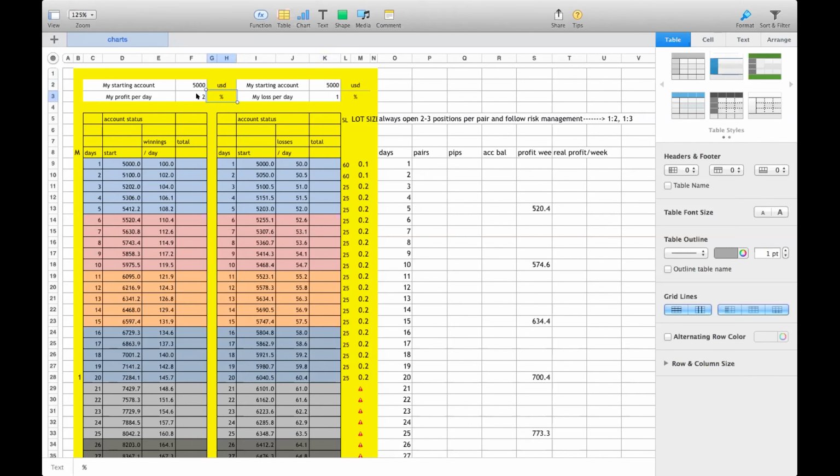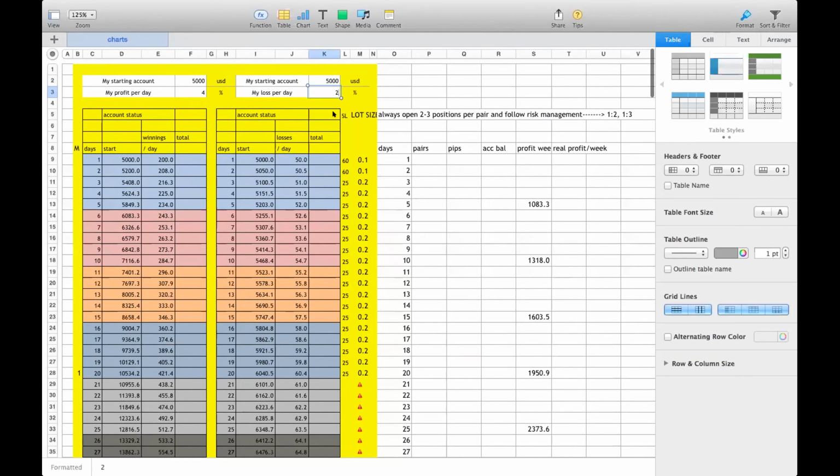So if I start out with a trading account of $5,000 and I get in a trade, I'm only looking to gain 4% on this specific trade, and I only want to risk 2%. Right here where you see stop loss, this is my favorite, the most important part of this entire chart.